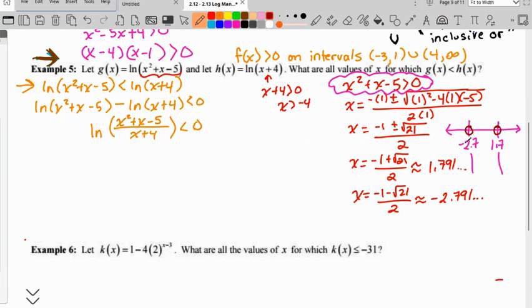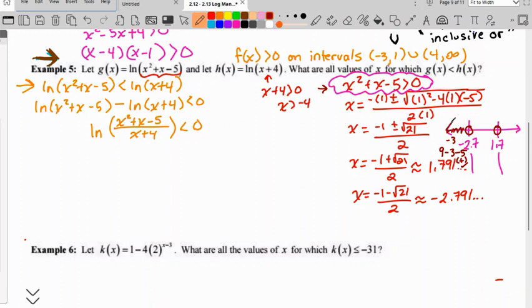If I plug in a number less than negative 2, like negative 3, into this quadratic, and it didn't factor, so I'm just going to plug into the original quadratic. Negative 3 squared is 9 plus negative 3 minus 5. So 9 minus 8 is going to be 1, and 1 is positive, and we're looking for where it's greater than 0, so that section works.